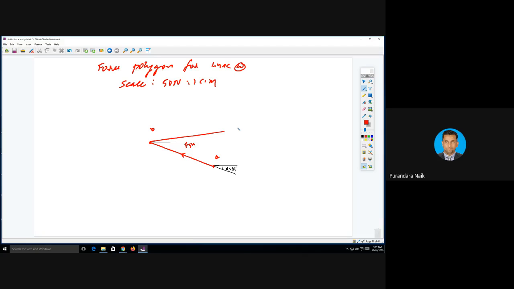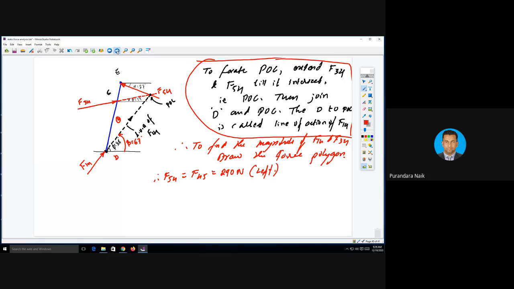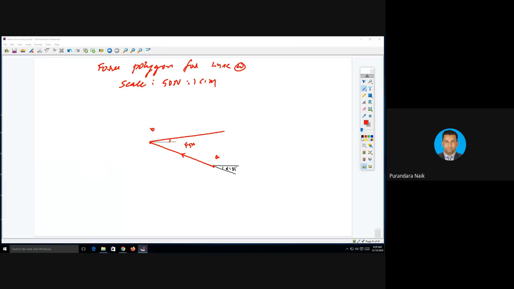This angle is theta, 17 degree. This is F34. I don't know the length, so you just draw a long line along the 17 degree direction.